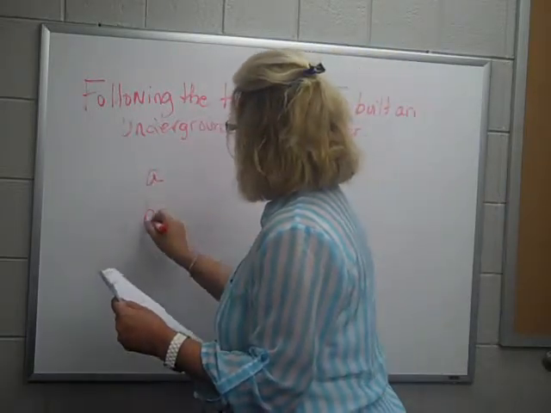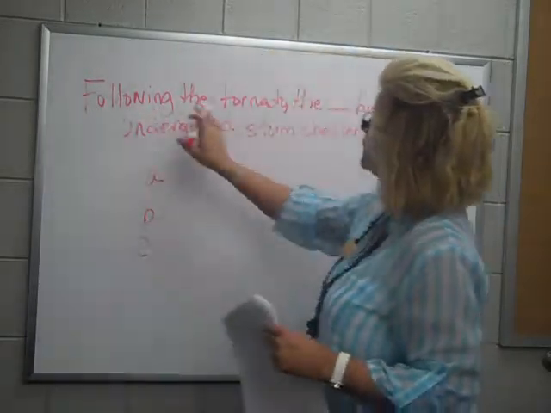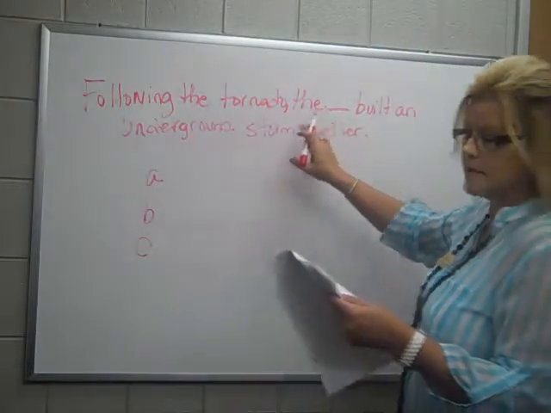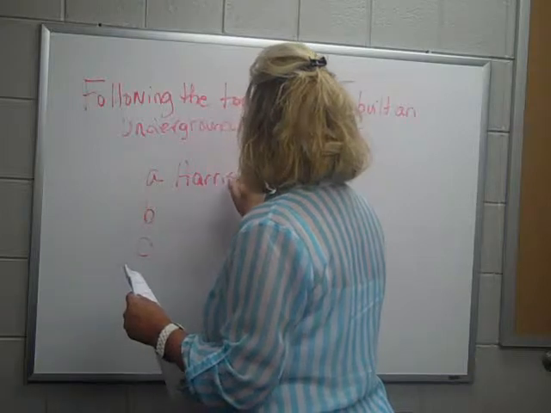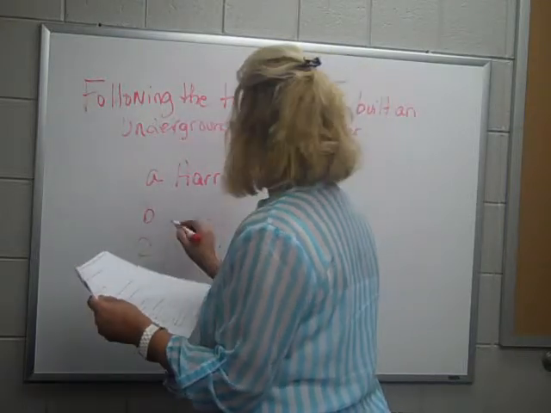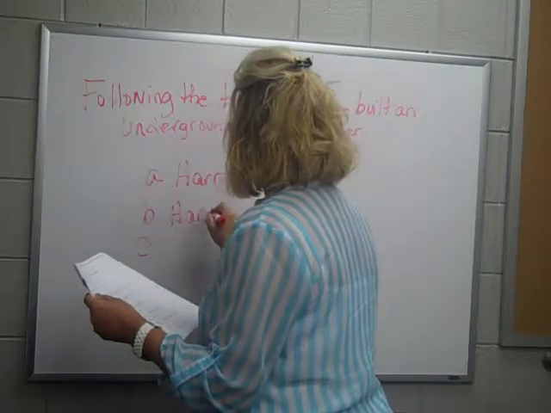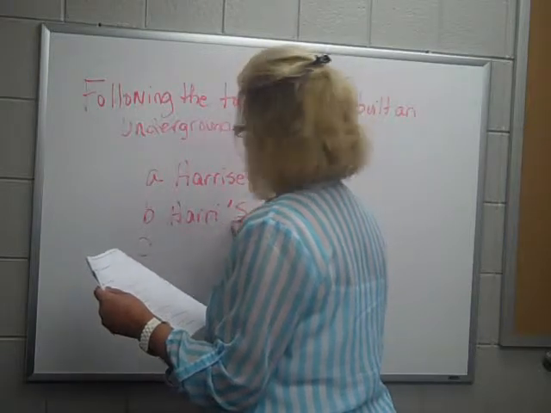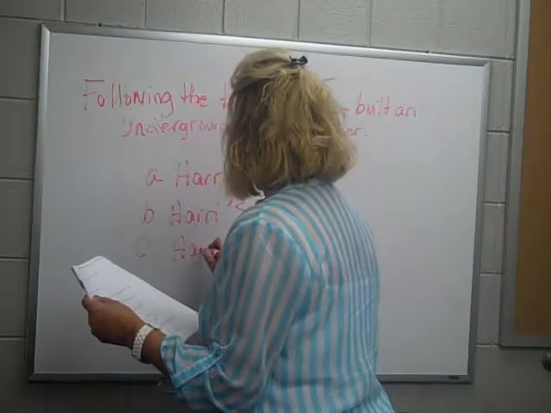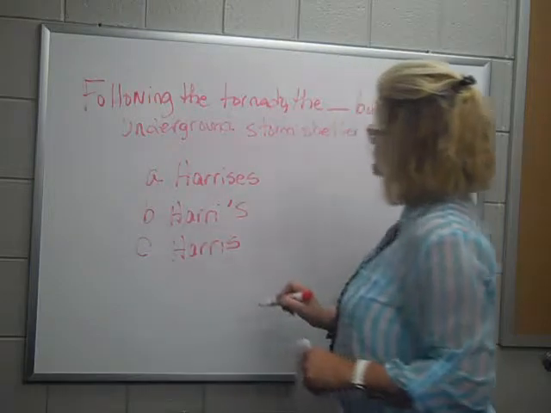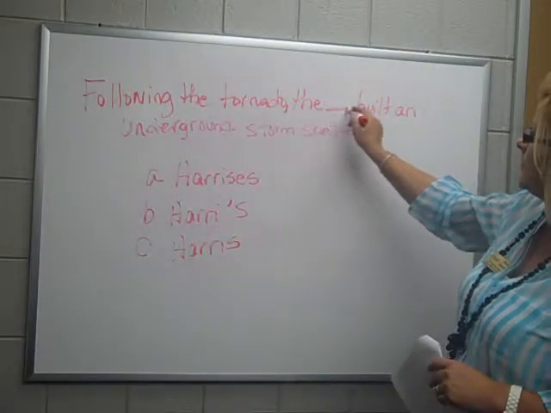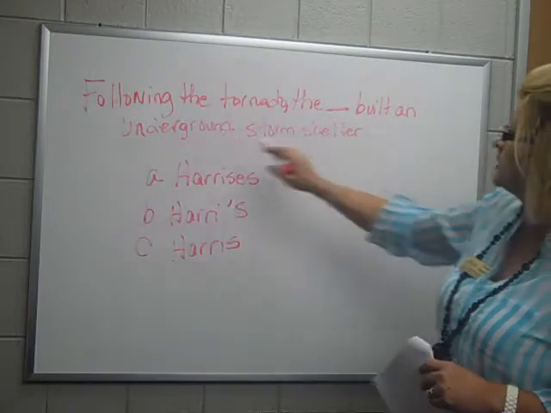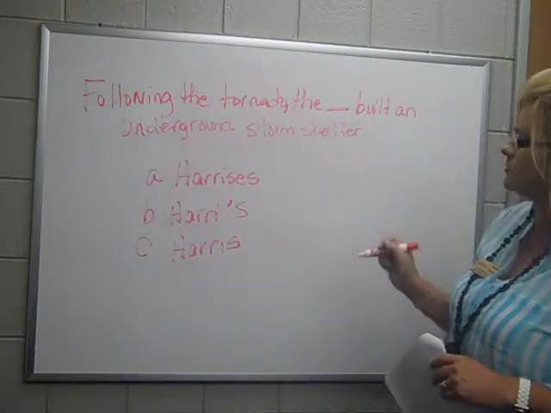Okay, you got A, B, and C. Following the tornado, the blank Harrises built an underground storm shelter.